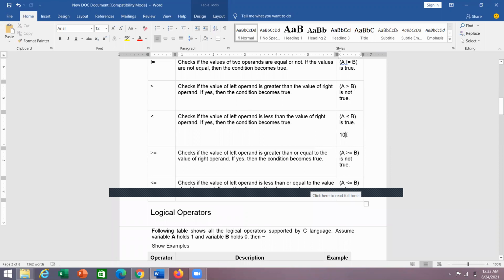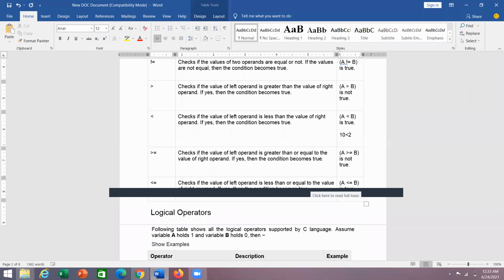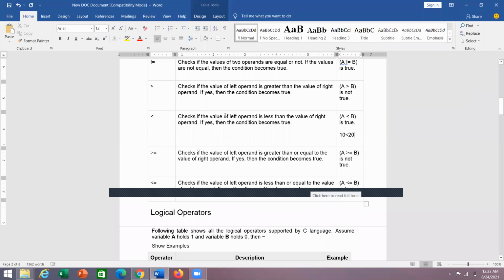Here the condition is true. Why? The left operand A is 10 and the right operand B is 20. The left operand is less than the right operand, so the condition is true. If the condition is right, it becomes true. Otherwise, it is false.